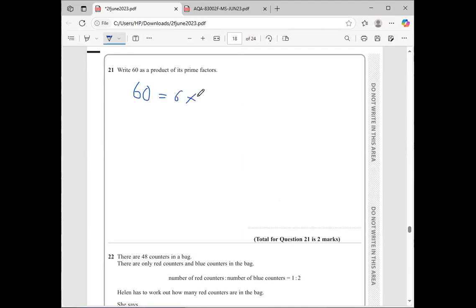Yes. Break down 6 times 10. 6 is 2 times 3. 10 is 2 times 5. So prime factors, 2 squared times 3 times 5.